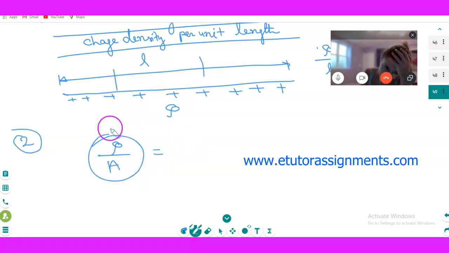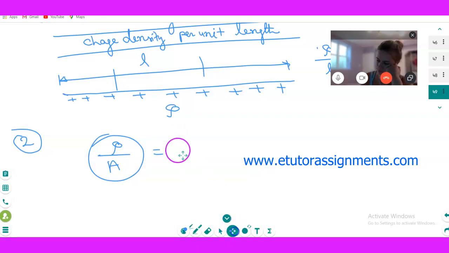It is not lambda; generally we use a different symbol. This is called charge density per unit area.